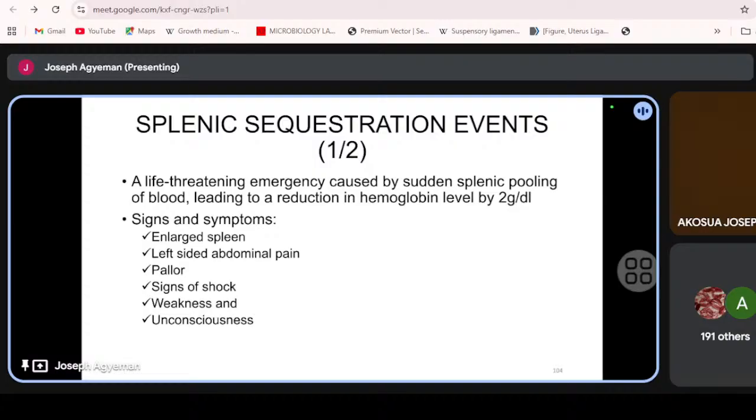So to differentiate aplastic events from hyperhemolysis, you realize that unlike aplastic events where the person cannot produce reticulocytes, with hyperhemolysis the person can produce. And therefore, on the FBC panel, you will see reticulocytosis.